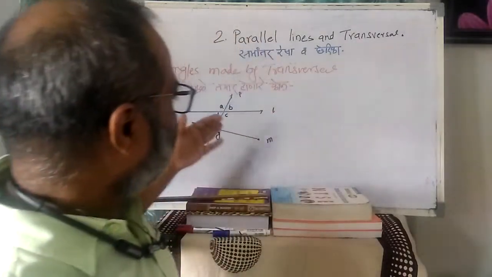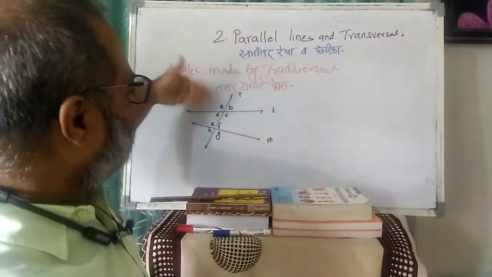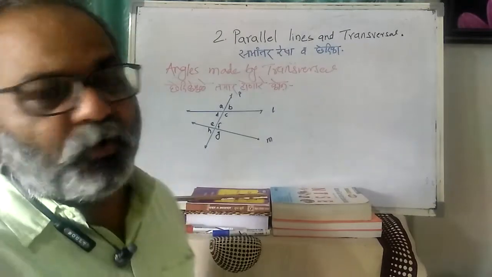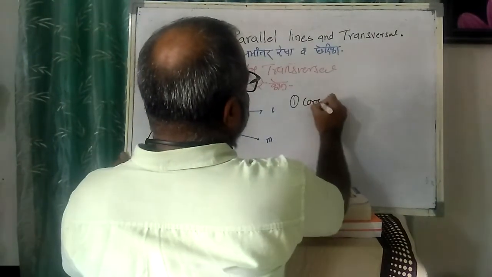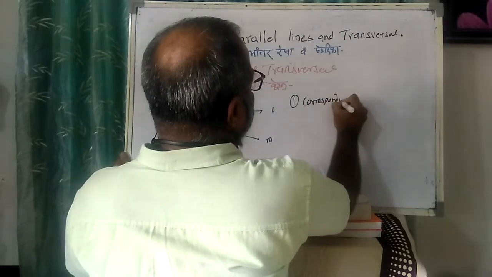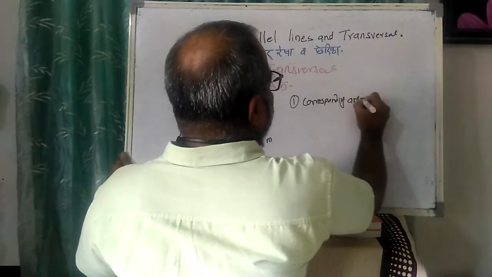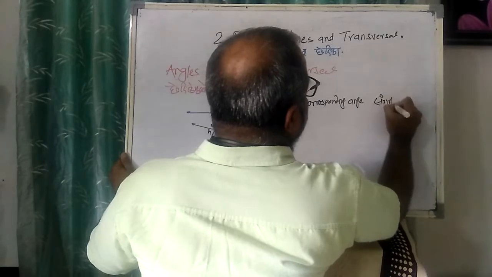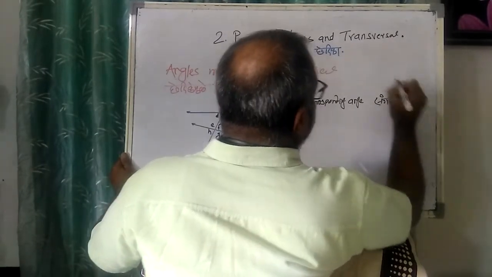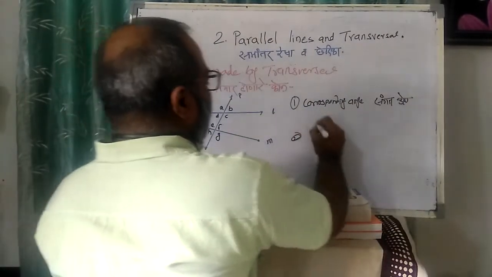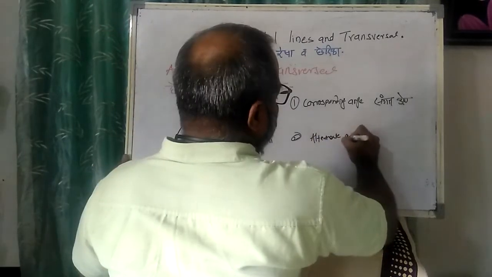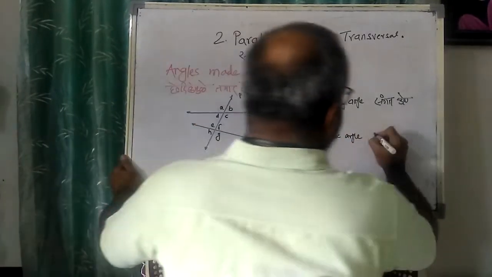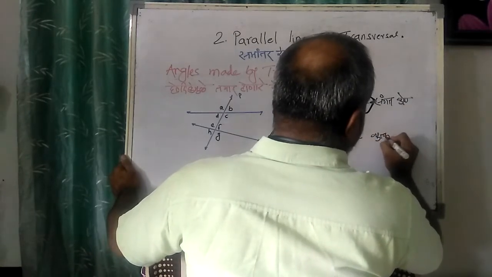ओके, नाउ so there is some rule to write that name. Okay, so first angle is called corresponding angle. So it is याला आपण म्हणतो संगत कोन. Okay, now second is called alternate angle. याला आपण म्हणतो व्युत्क्रम कोन.